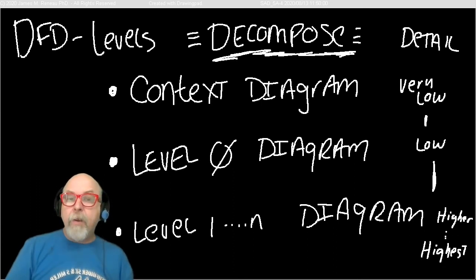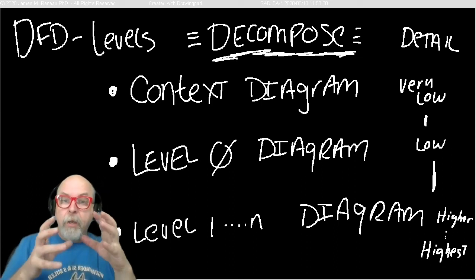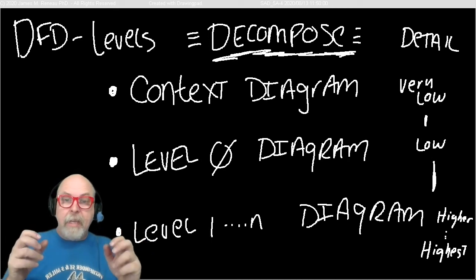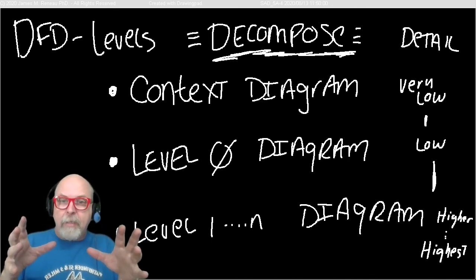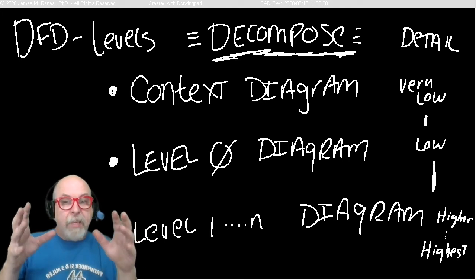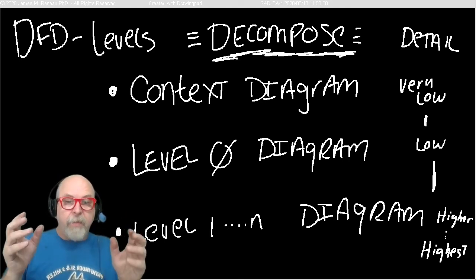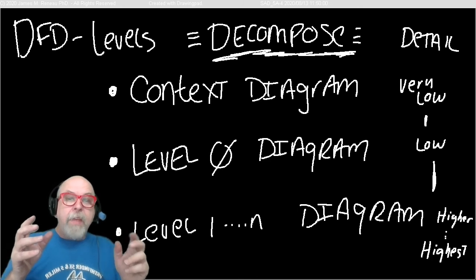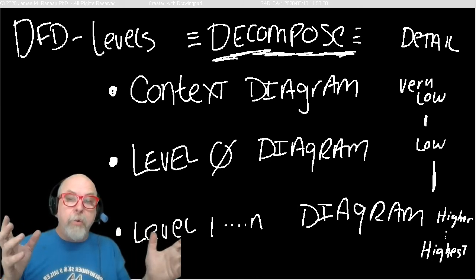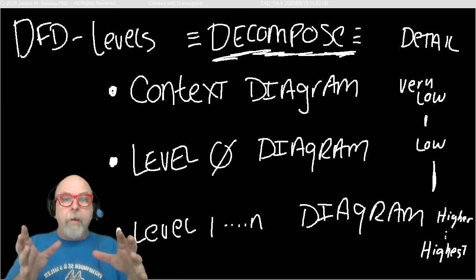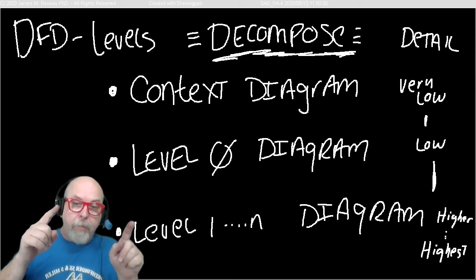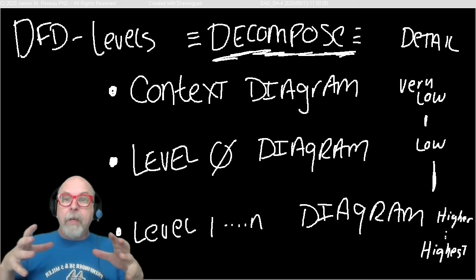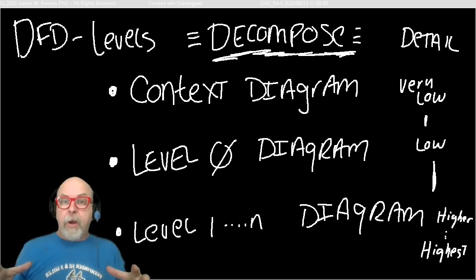The level 0 diagram is the first blow up of the system into usually 5 to 7 to 10 processes. It can have additional entities and all kinds of data flows, data stores. And then the levels 1 through whatever are, for instance, the process here in a level 0 diagram could then be blown up into sub-processes or sub-sub-processes.